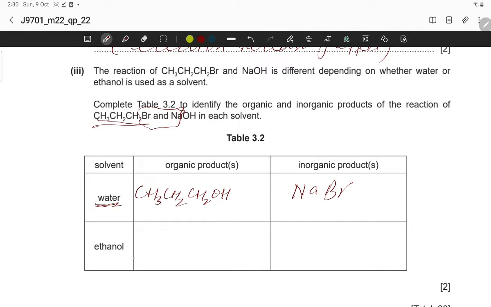While in case of ethanolic medium, an elimination reaction takes place and CH3CH=CH2 is the organic product and HBr is the inorganic product.